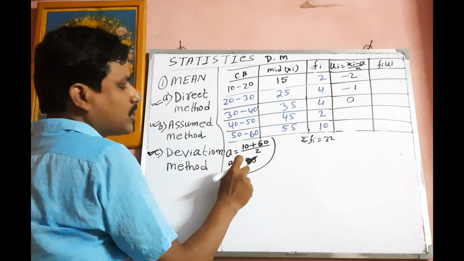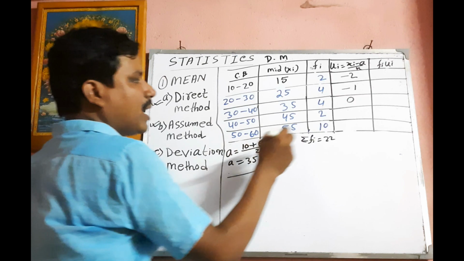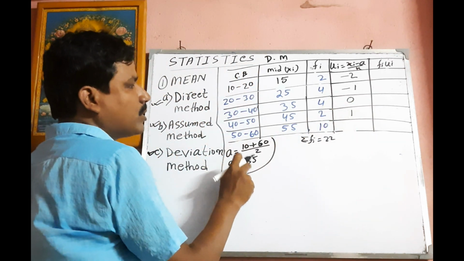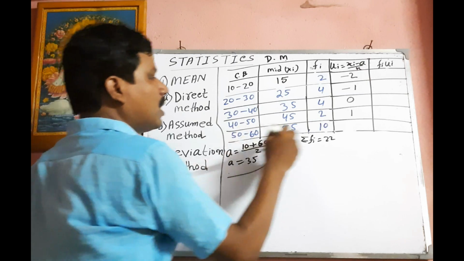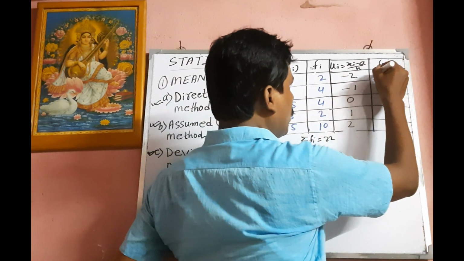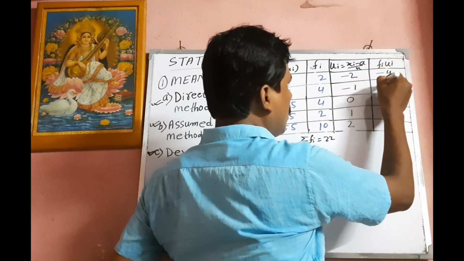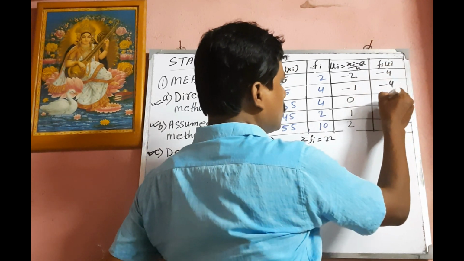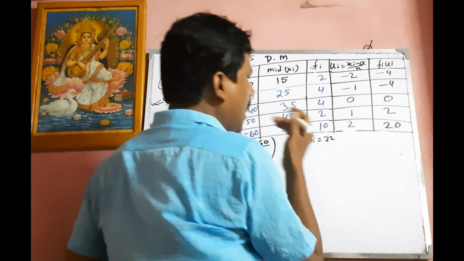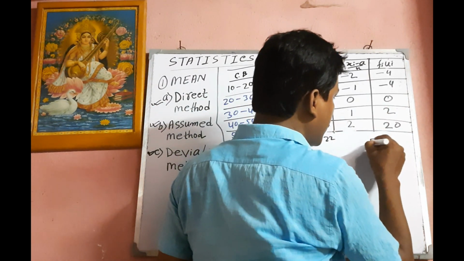Similarly, 45 minus 35 divided by 10 is equal to 1, and 55 minus 35 is equal to 20, and 20 divided by 10 is 2. So multiplying these two, we get minus 4, minus 1, 0, 2 and 4.